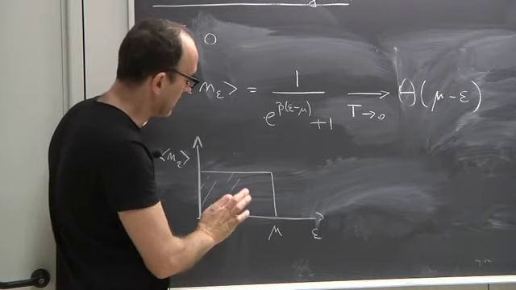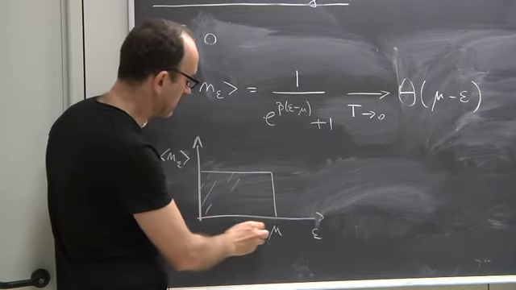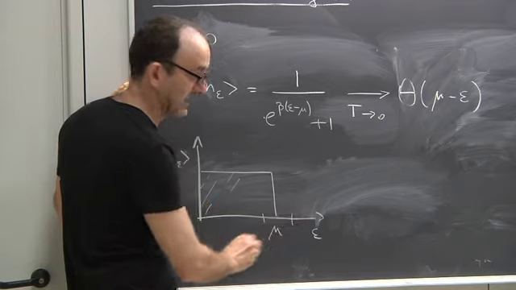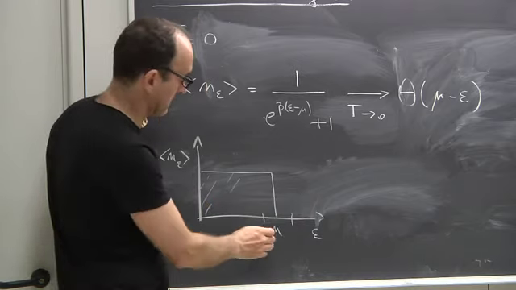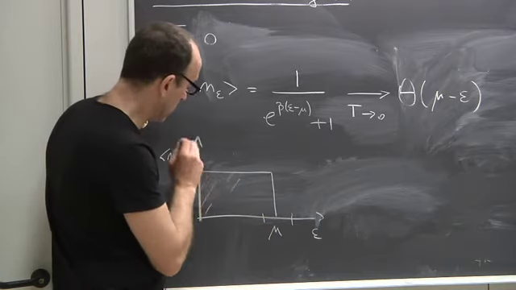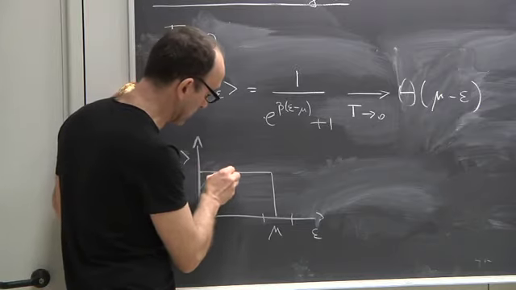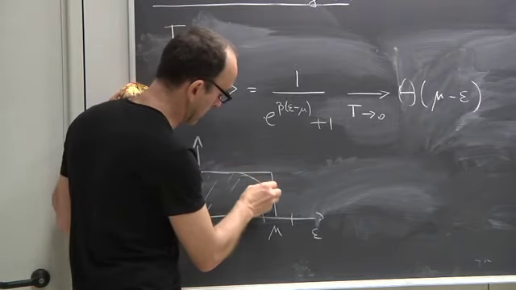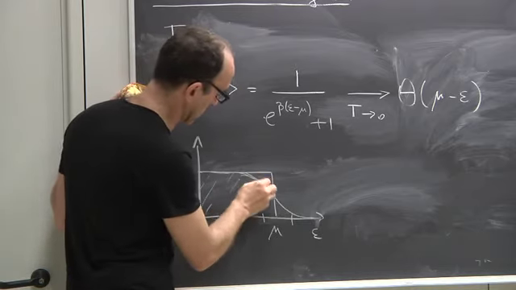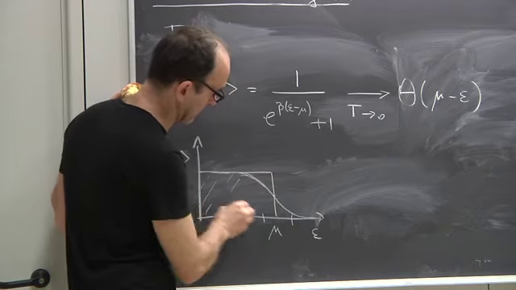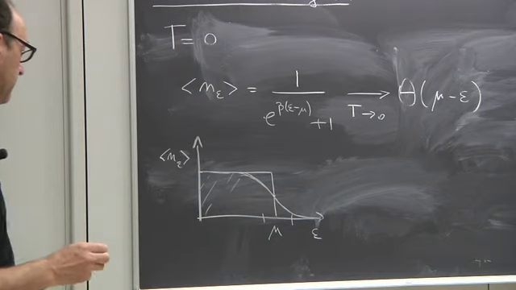So the real change which will happen to the occupation number is in a window of size kT around the chemical potential. In general, this function will look like this, and it will always pass through 1/2 here, and then it will have an exponential tail.